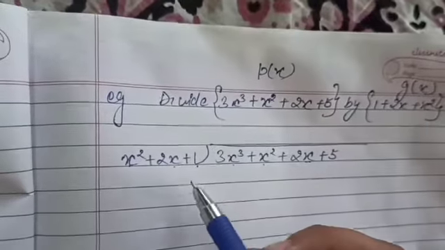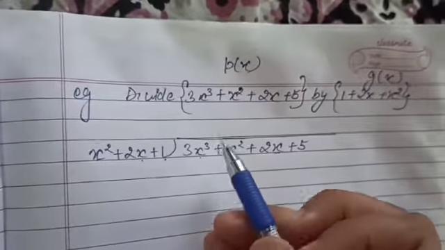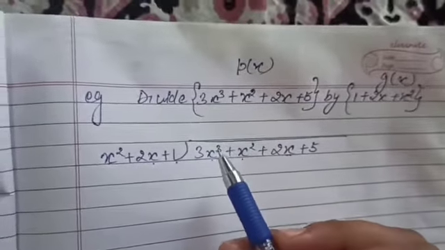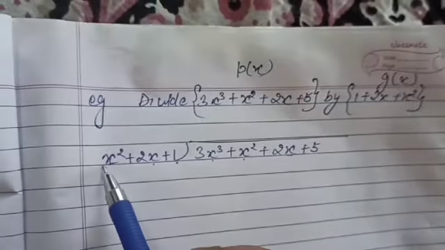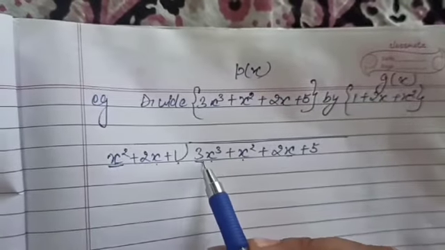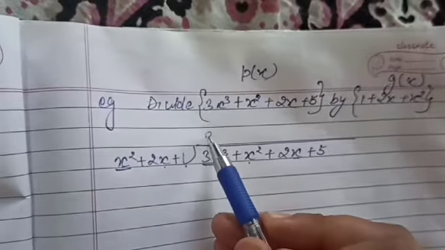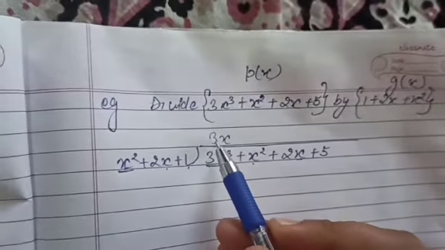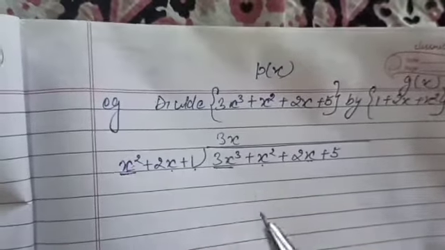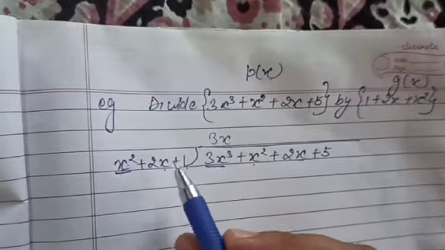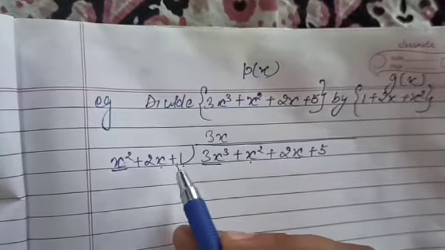Now to start division, how will we choose the first term of the quotient? We see here we have x square and this is 3x cube. So we have to multiply x square with 3x, then it will be 3x cube. So with 3x we will multiply this whole polynomial g(x).